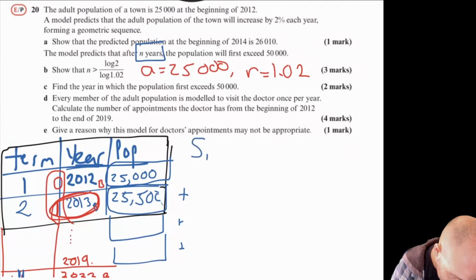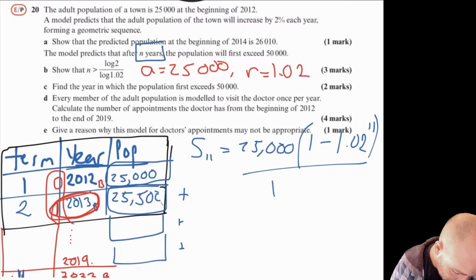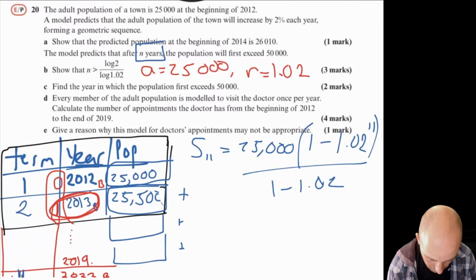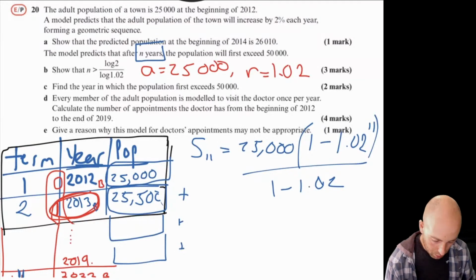So we're trying to find the sum for 11 terms. So we're basically doing S11. So that's going to be my first term, 25,000, times 1 minus 1.02 to the power 11 divided by 1 minus 1.02. So that's going to be the sum. Let's work all that out.